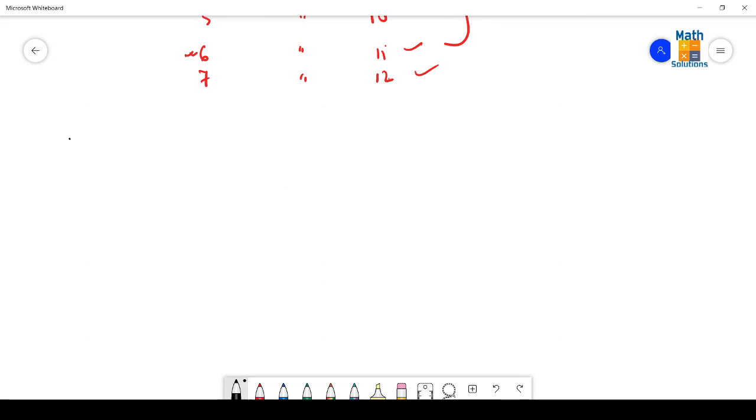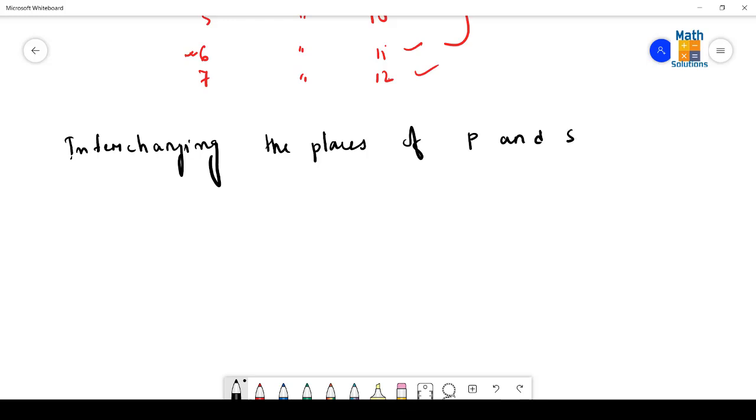So here we can write: interchanging the places of P and S in total.